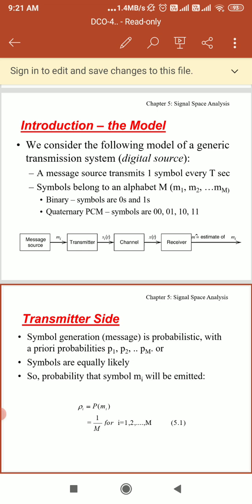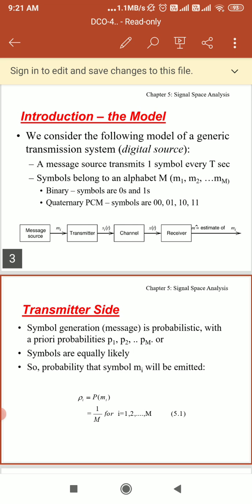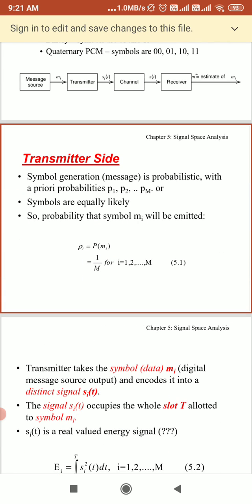If the symbols are equally likely, the probability that symbol Mi will be sent is P of Mi, which we can calculate as 1 upon M, because we have M symbols, for i equal to 1 to M.